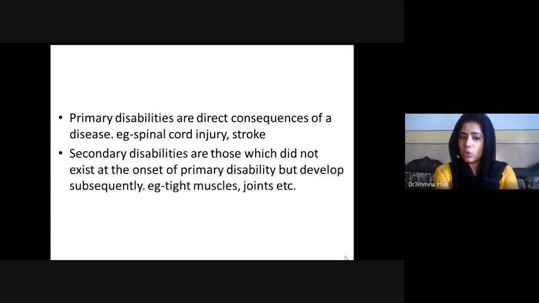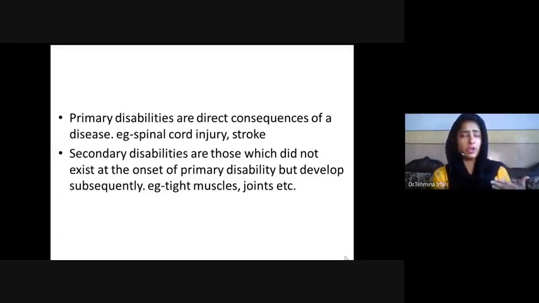Then talking about secondary disabilities. You can have an idea after reading the words secondary disabilities. These are those disabilities which did not exist at the onset of primary disability but developed subsequently.